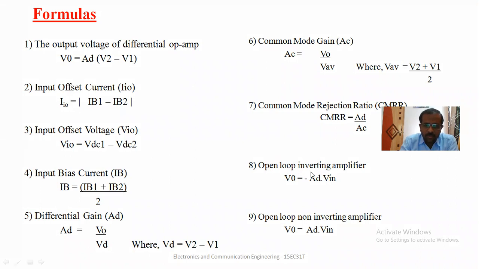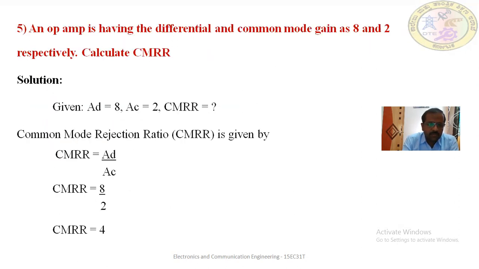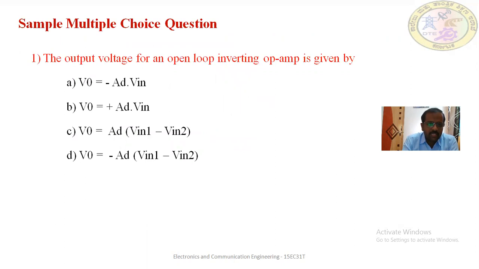The open loop inverting amplifier formula is V naught is equal to minus AD into V in. So you search the options for minus AD into V in. Option A, V naught is equal to minus AD into V in, is the right answer. So the answer for this question is option A: the output voltage for an open loop inverting op amp is given by V naught equal to minus AD into V in.